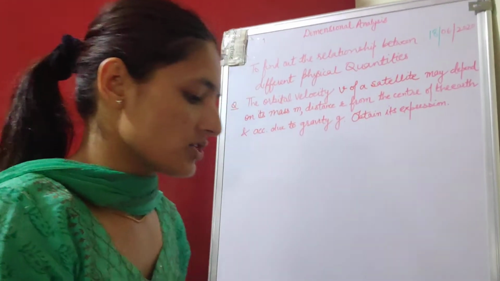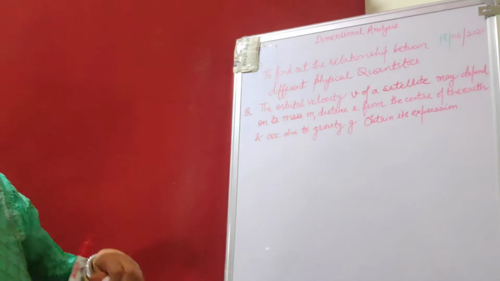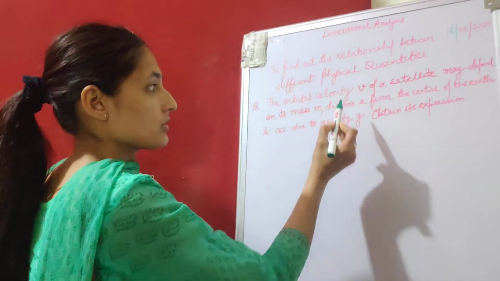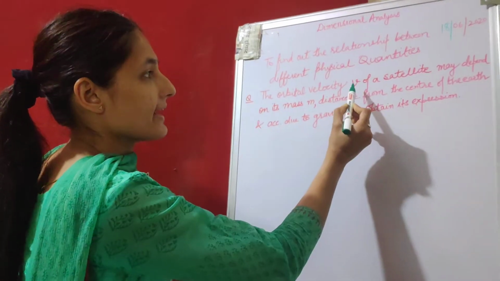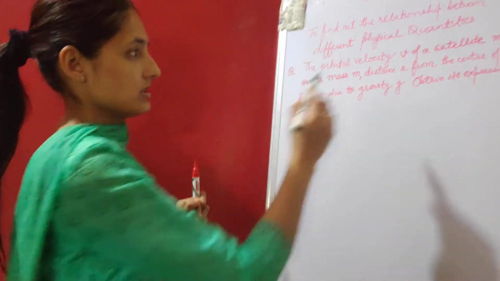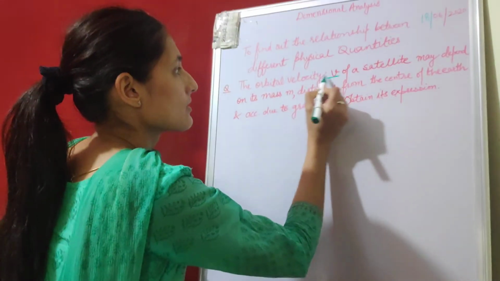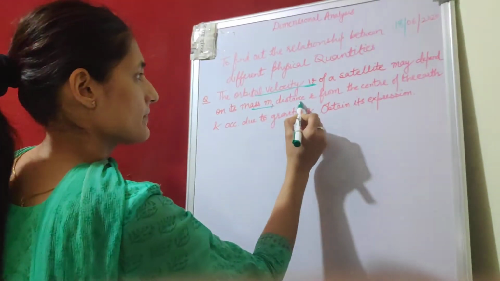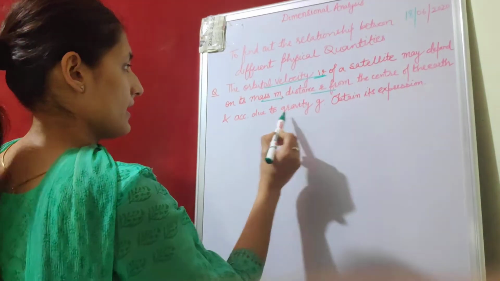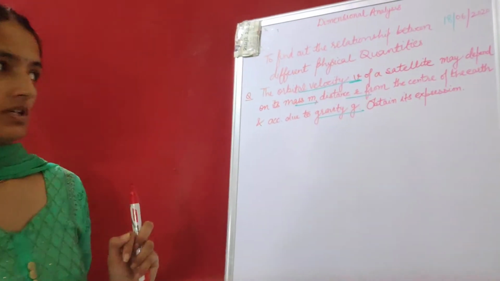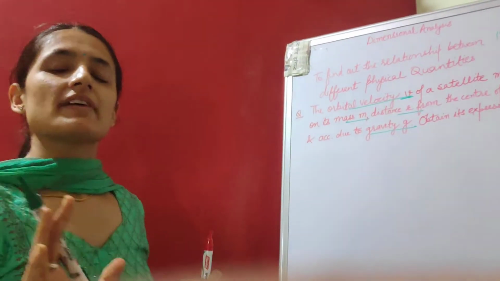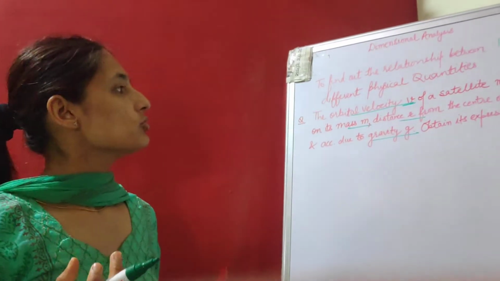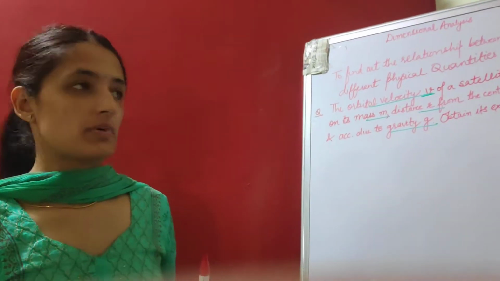For such type of questions, how will you proceed? First of all, you have to find an expression for velocity. So this orbital velocity depends on mass m, distance r, and acceleration due to gravity g.